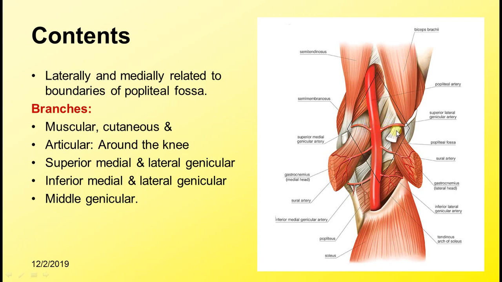The superolateral genicular artery anastomoses with the descending branch of lateral circumflex artery. The lateral circumflex is again a branch from the profunda femoris artery.